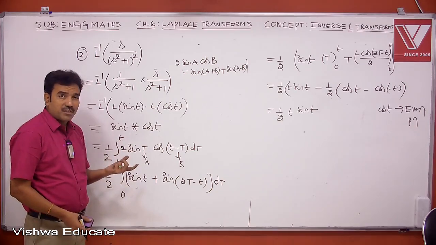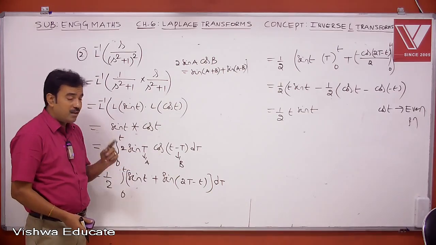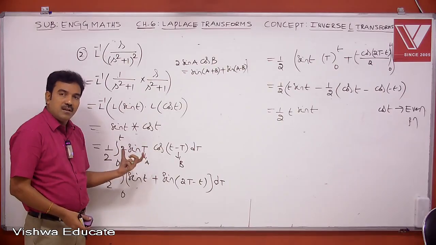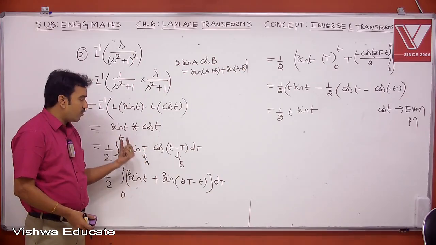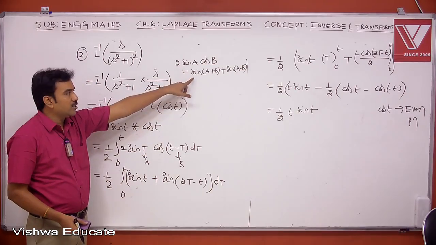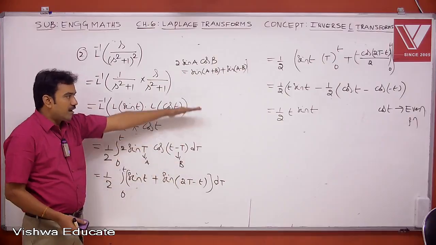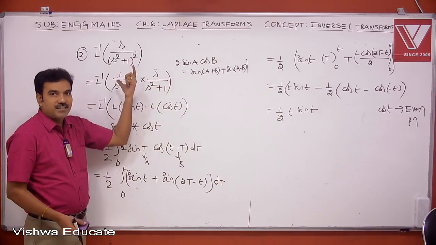When two cos functions are there, you need to apply cos of A plus B, cos of A minus B. When two sin functions are there, same formula, cos of A plus B, cos of A minus B. But when one is sin and another is cos, you need to apply sin of A plus B and sin of A minus B, and simplify this. We are getting half into t sin t. So note this.